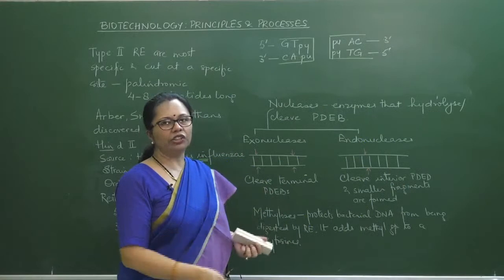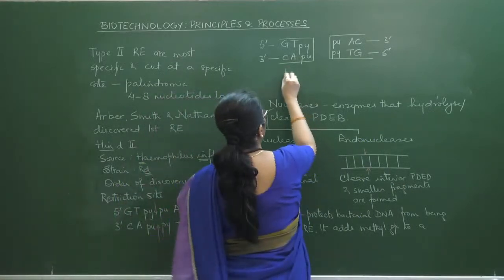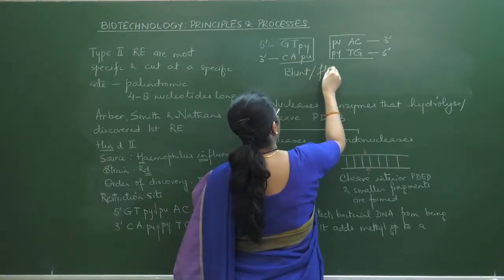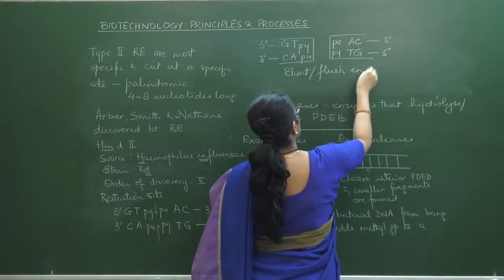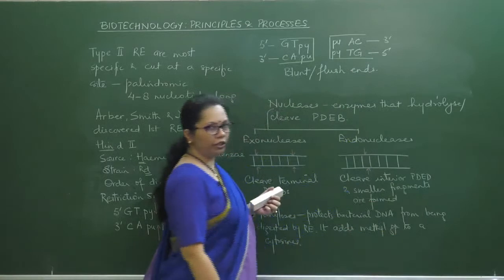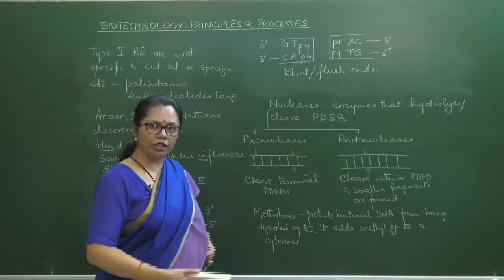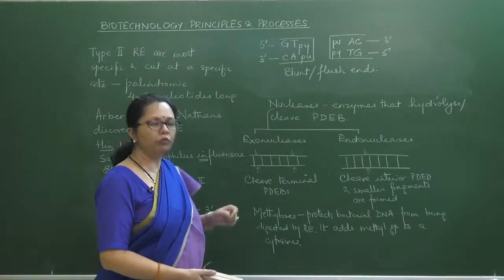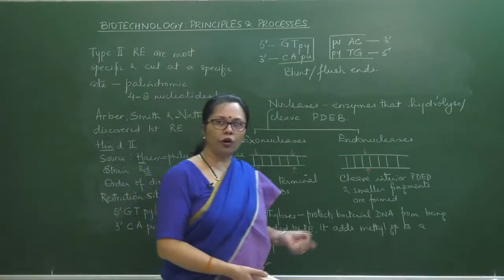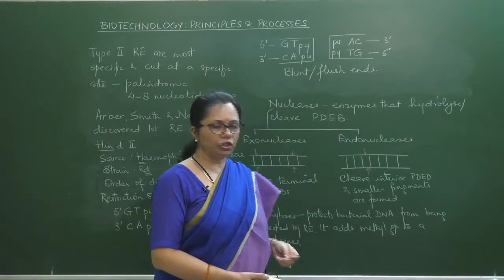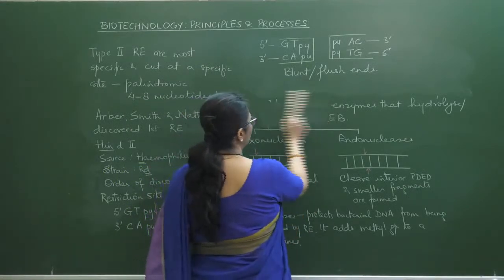So if such ends are created, these are called blunt ends or flush ends, where these are equal. Now these are not useful for genetic engineering unless we can change them and make them sticky ends, but usually we will try first for another restriction endonuclease which provides us with sticky ends. Okay, so these are not so useful.